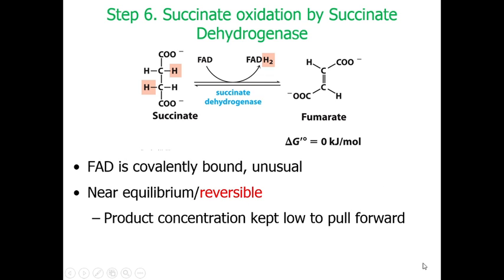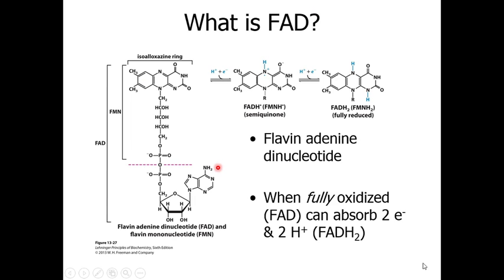So what is FAD? We have seen this molecule briefly in chapter 13. If you recollect, FAD stands for flavin adenine dinucleotide. And as you can see, this is the business end of the molecule, which is called the isoalloxazine ring.